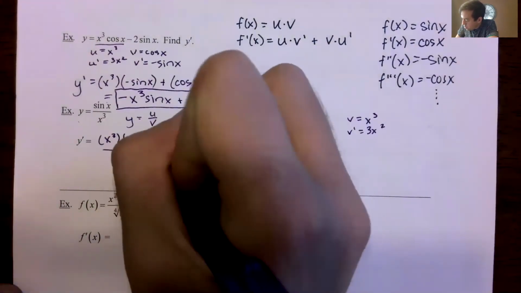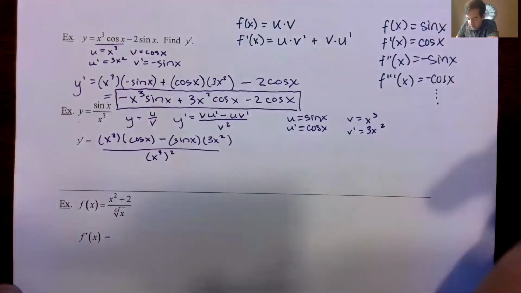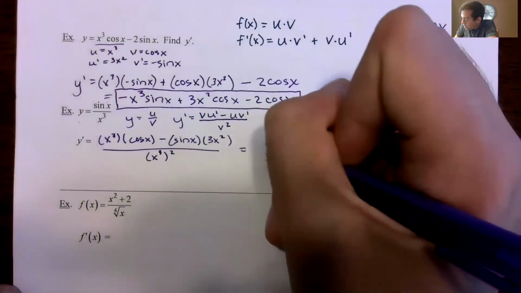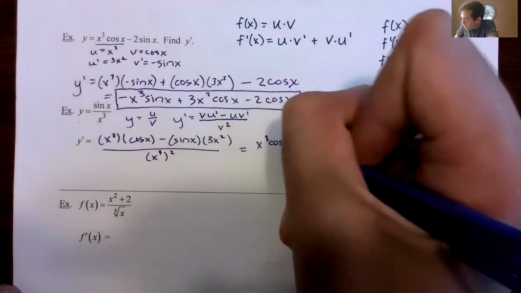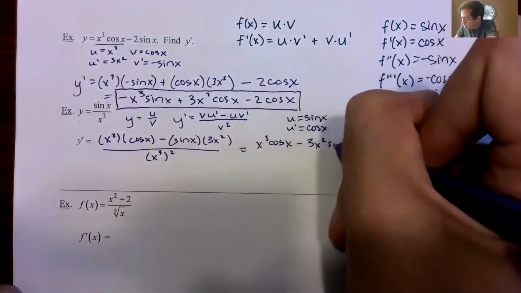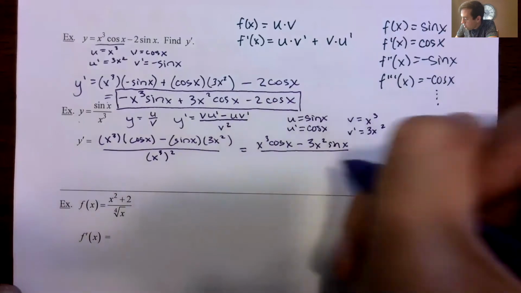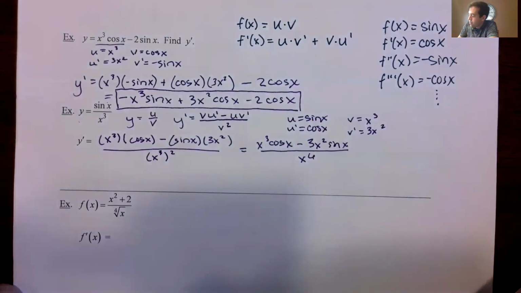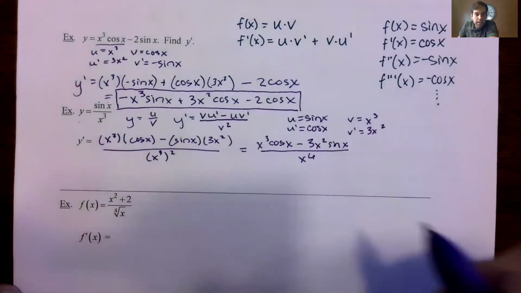So it's x cubed squared. And so we have what? X cubed cosine x can't be multiplied further than that. Neither can the second part. And this is all over x to the 6th, because x cubed squared is x to the 6th.